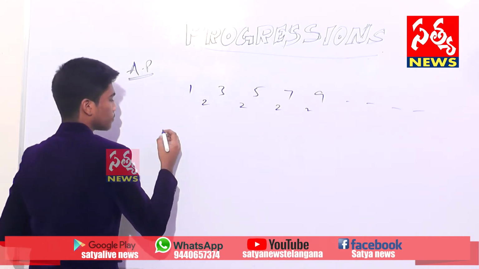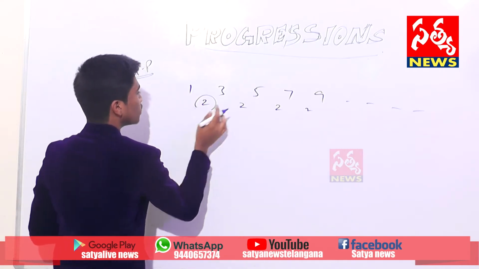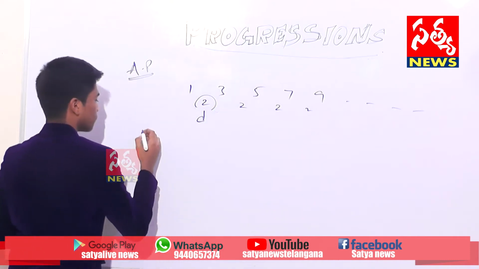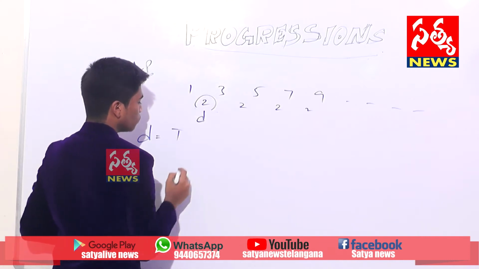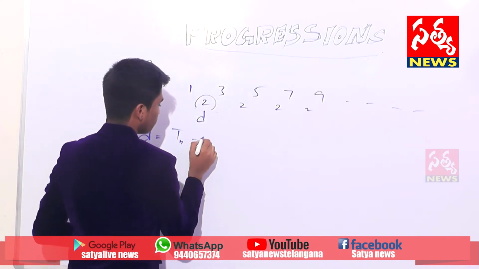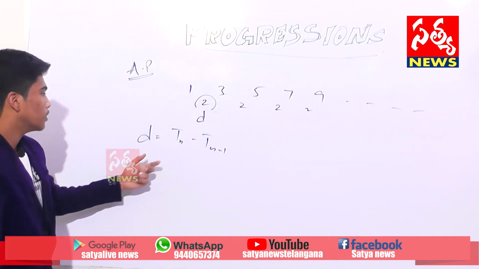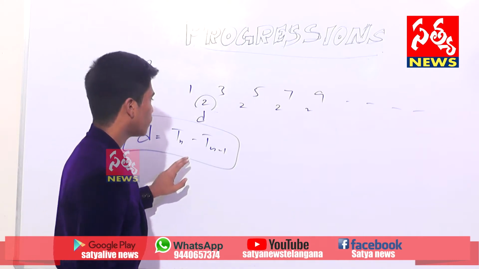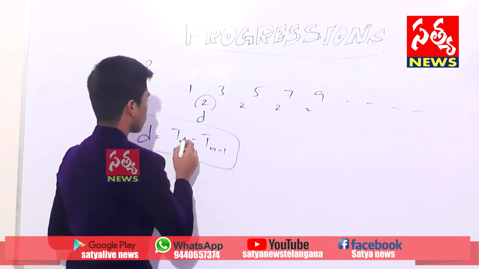How to check it? The constant difference between two consecutive terms is represented as D. How to find D? D is equal to T of n minus T of n minus 1. This is the way to find the D value for an AP.